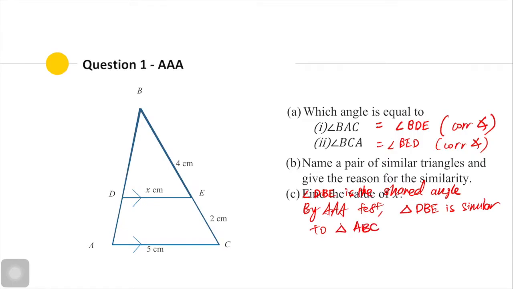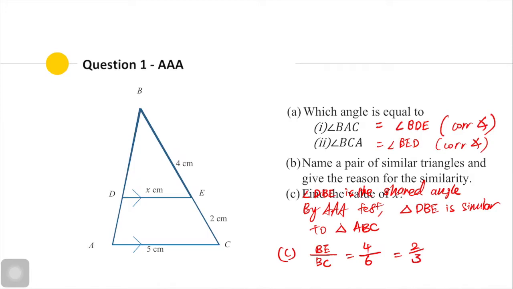Okay, part C. Find the value of x. Again, you have to make sure you use scale factor here, since they are only similar and not congruent. So I should answer part C here. For my scale factor, we can use what we know here, BE over BC. BE is 4 and BC is 6. Again, this is a scale factor of 2/3.